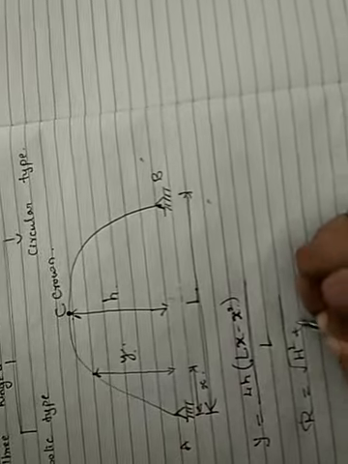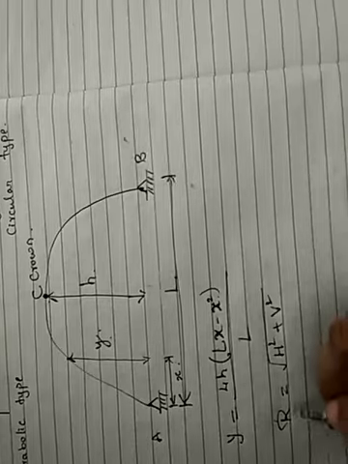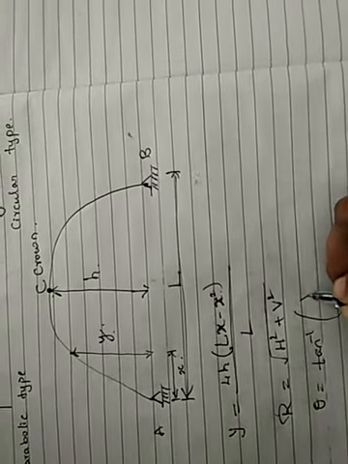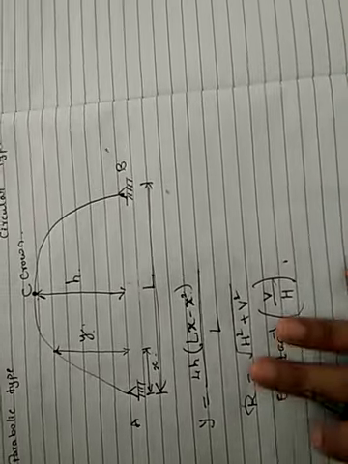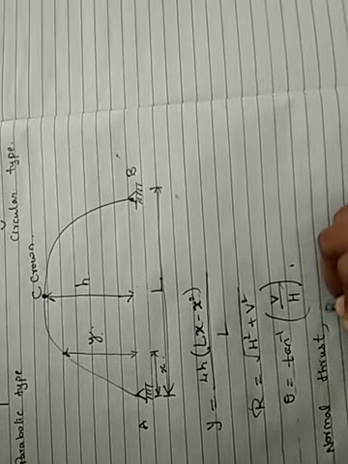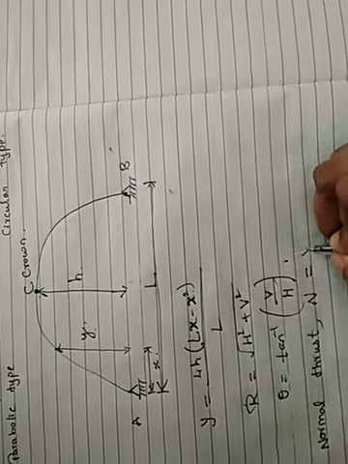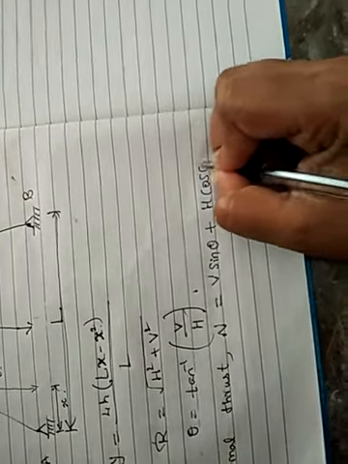Now the resultant reaction R is calculated by the hypotenuse formula, R equals root of h square plus v square. From this we can say theta is equal to tan inverse of v by h. With this we will be calculating the normal thrust, which is given by N equals v sin theta plus h cos theta.